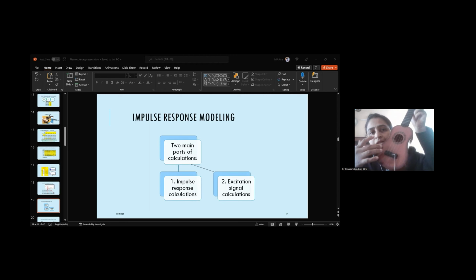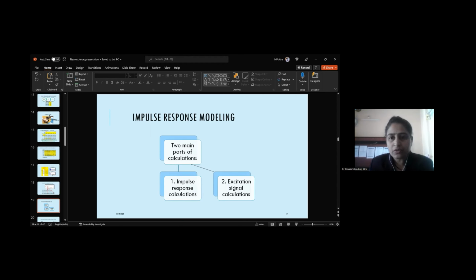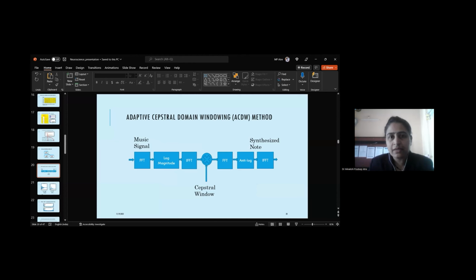I calculated that separately, and then I calculated the excitation signal separately. If I am able to separate the excitation signal and the body response, then the impulse response is very important, as it will help me preserve the guitar notes. Even if the guitar or that particular musical instrument no longer exists, I would be able to preserve it. I separated this by using the adaptive cepstral domain windowing method.